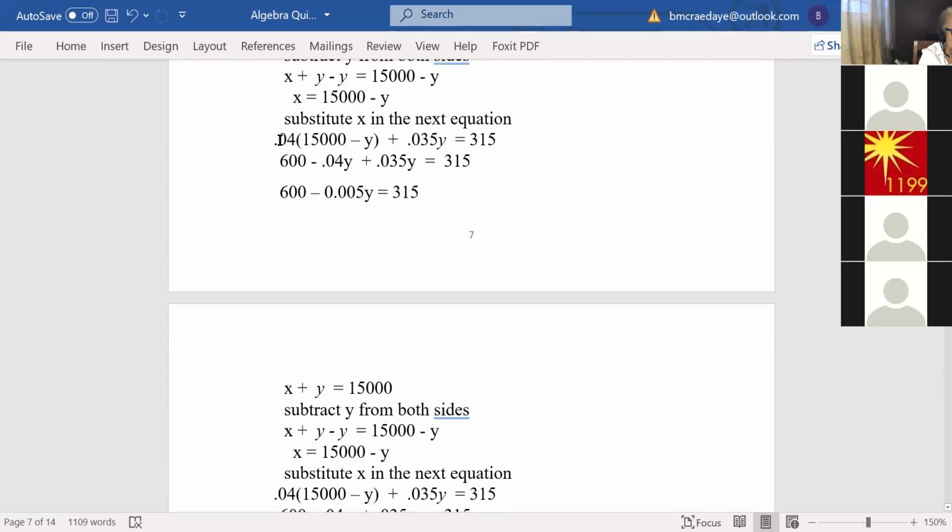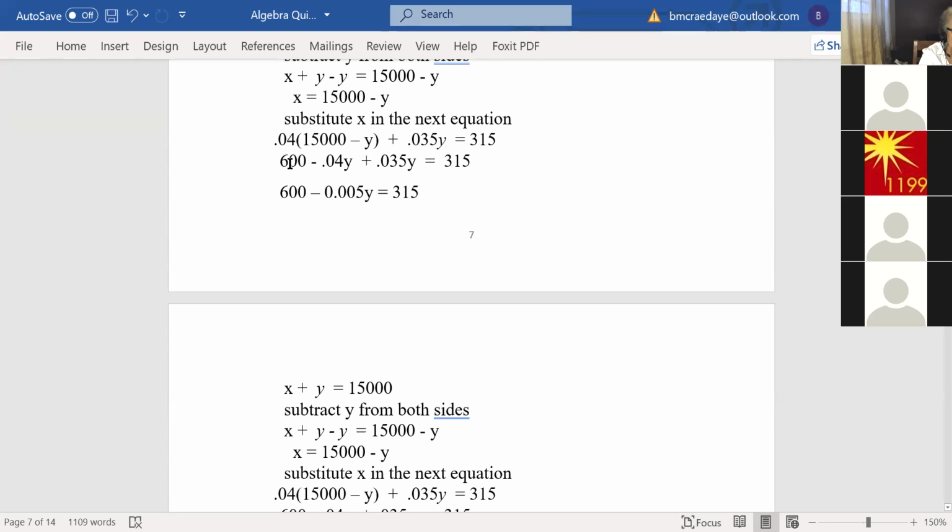And 0.04 times minus y is minus 0.04y, plus 0.035y, and that's equal to the total interest, 315. So you add the 600, and the minus 0.04y and the plus 0.035y gave us the minus 0.005y, because it's a minus and a plus, right?